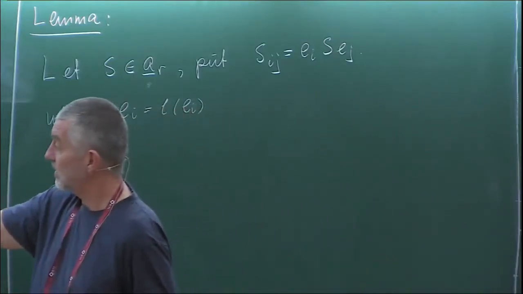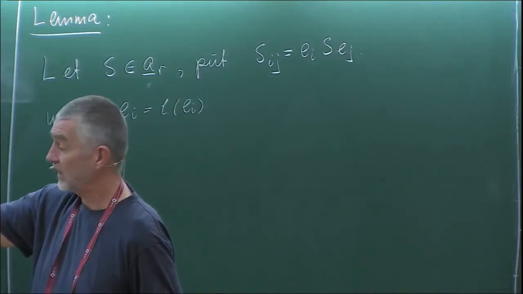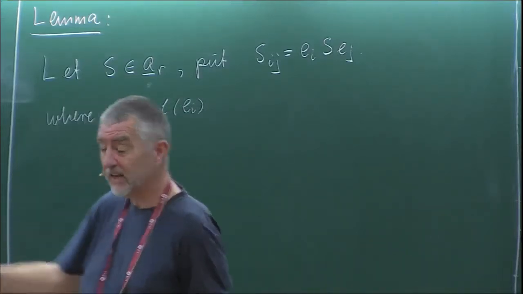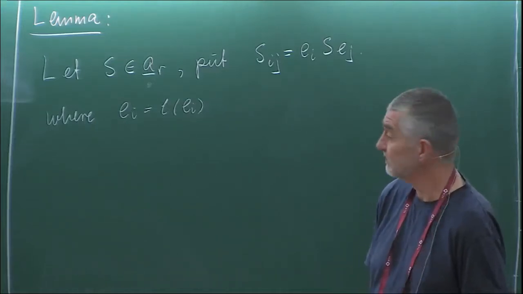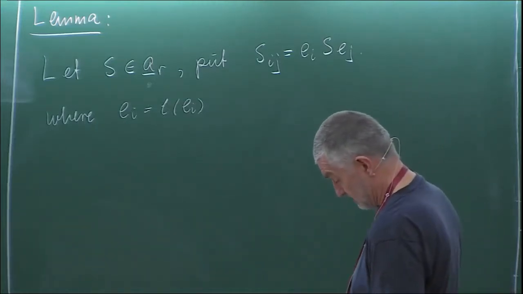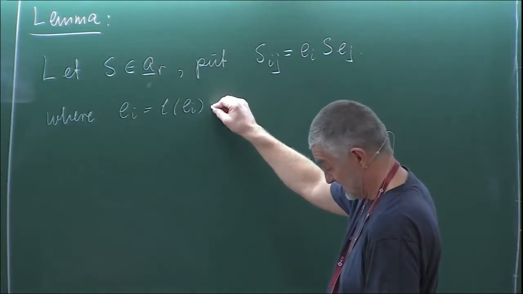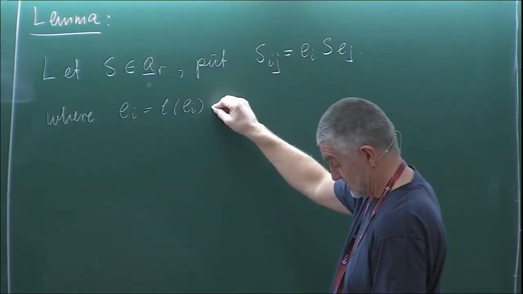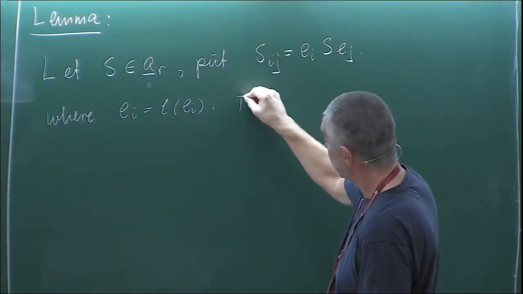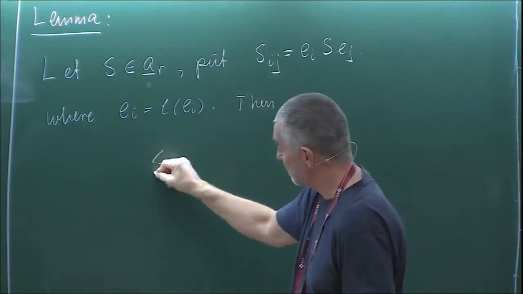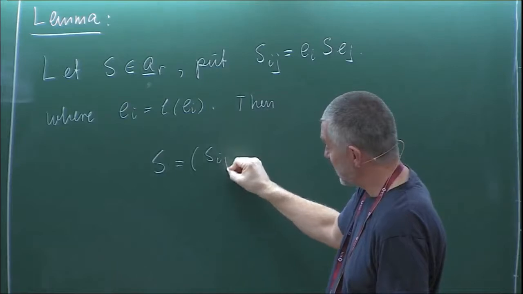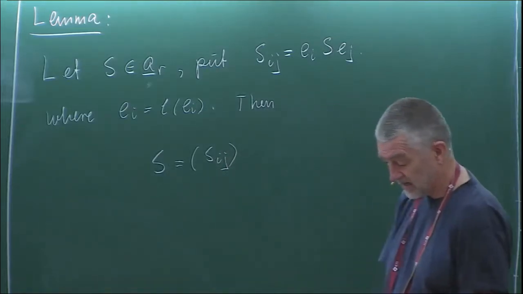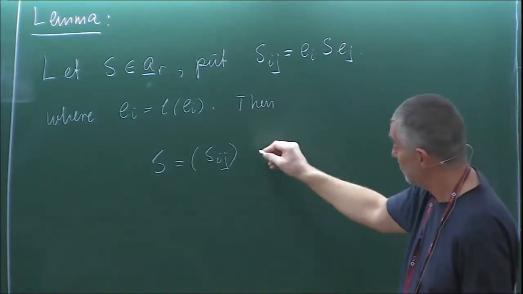Here is iota. And of course, this is k to the r, so I have e_i, and I just embed this on the ith place on the diagonal. Then S, for any S we are looking at, is S_ij as a matrix algebra.